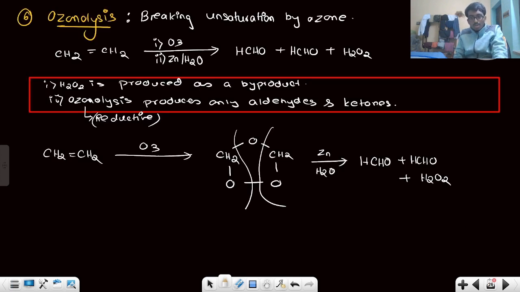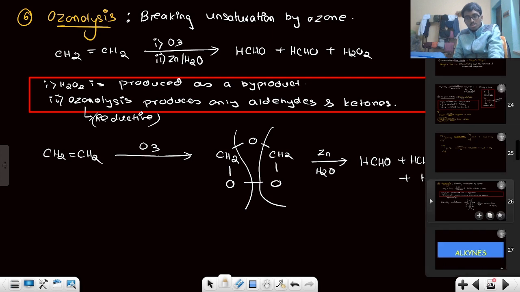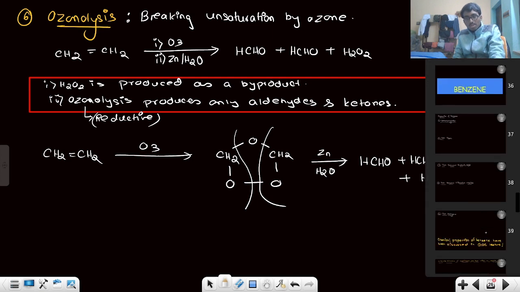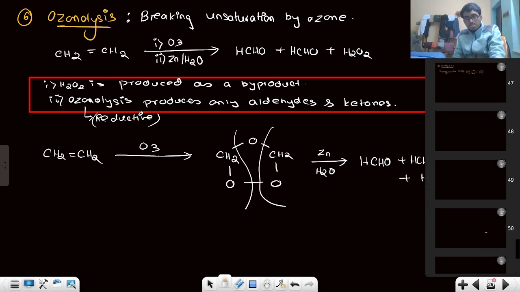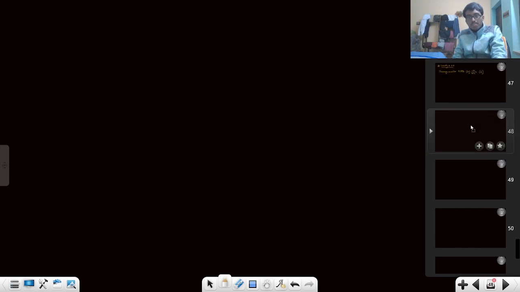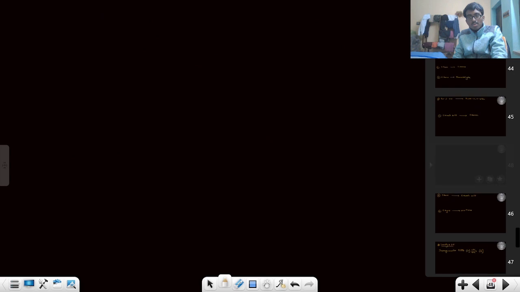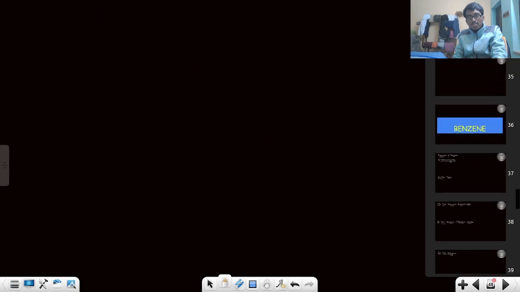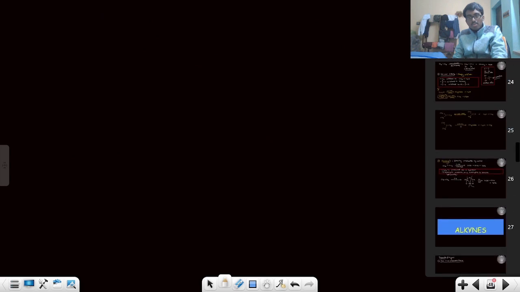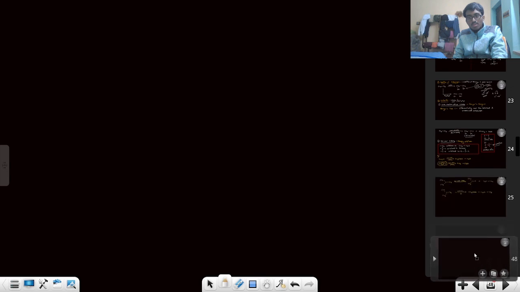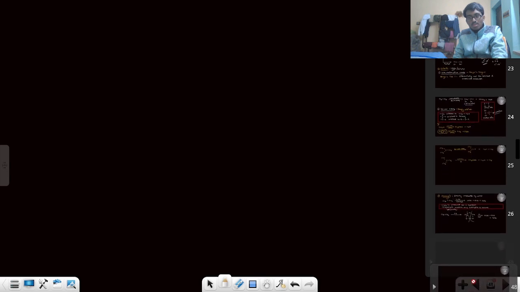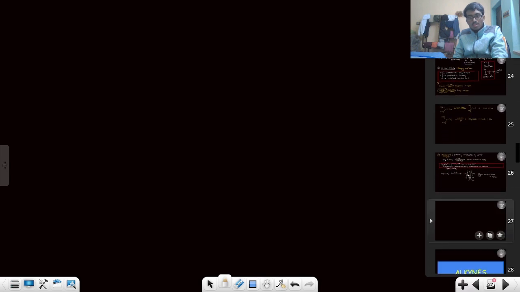Before that, let me do another case of ozonolysis. Another example, let me take. I do have a page here. Another example of ozonolysis.